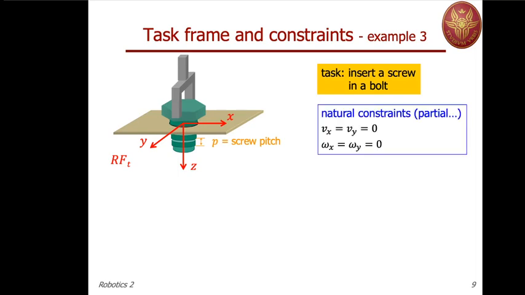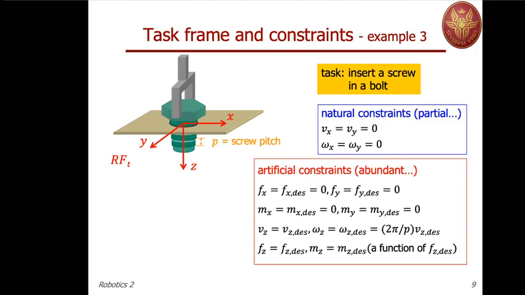In fact, if we start with the natural constraints, we can write those that are clear. For instance, that we cannot have a motion along the x-axis, neither along the y-axis, which are normal to the insertion direction of the screw in the bolt. So these four quantities are zero. And indeed, there are two missing quantities here to be completed.